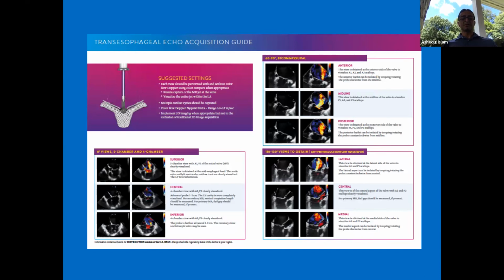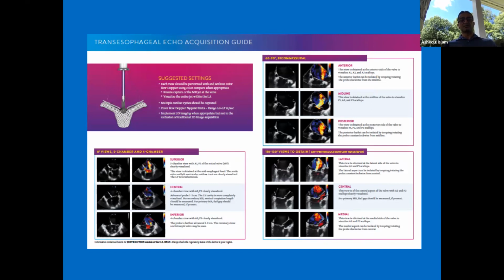The central aspect you obtain by advancing the probe 1 to 3 centimeters in the mid-esophageal position, and you will have the LV cavity more completely visualized in this view. The central segment of the valve is A2P2, which is the sweet spot if it is a functional or secondary MR. Usually there is leaflet tethering, and usually the jet is central.